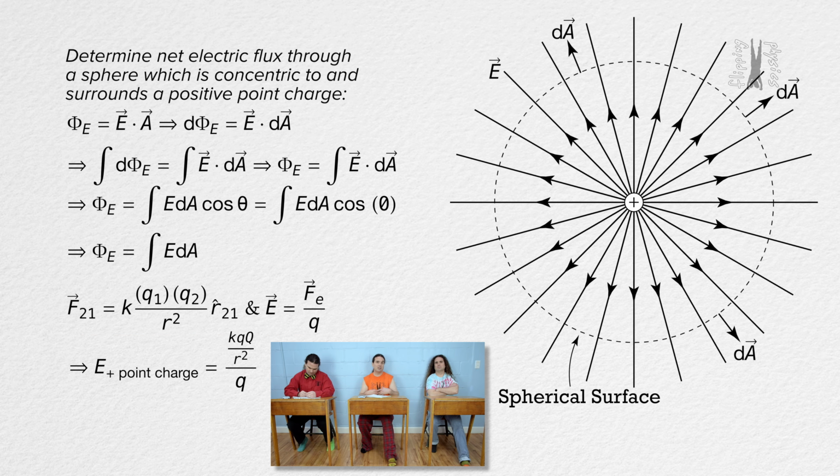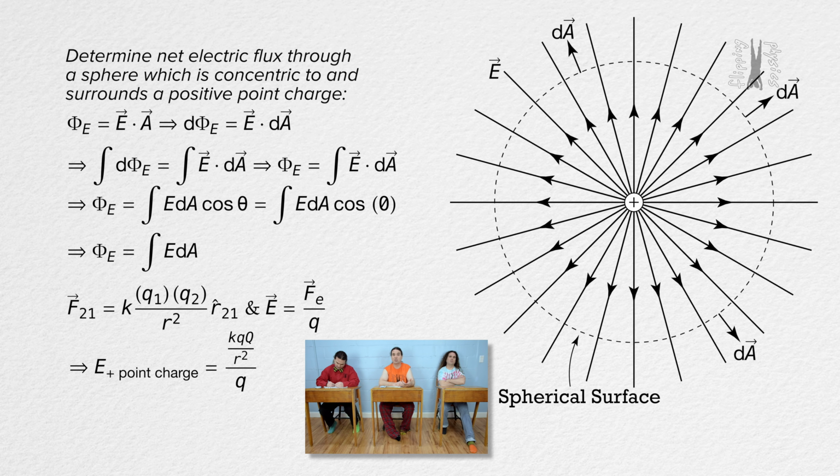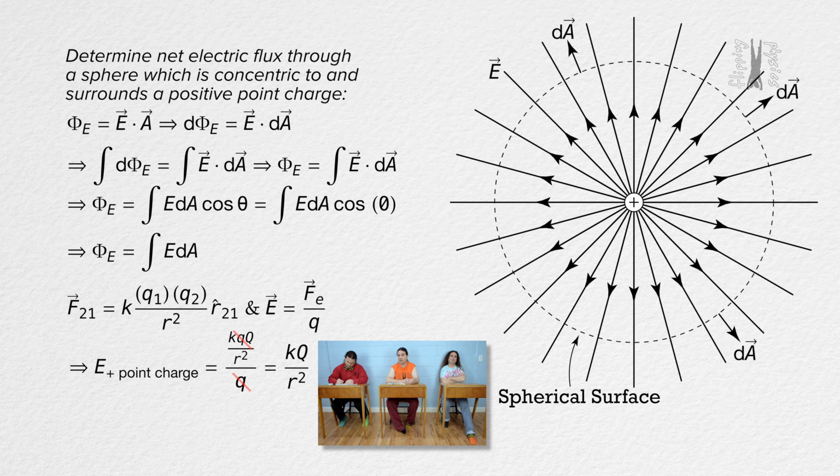That means the electric field around a positive point charge equals the Coulomb constant times the test charge times the point charge, all divided by the square of the distance between centers of charge, and all of that divided by the test charge. The charge of the test charge cancels out, and the electric field around a point charge equals the Coulomb constant times the charge of the point charge, all divided by the square of the distance between the center of the point charge and the location of the electric field.